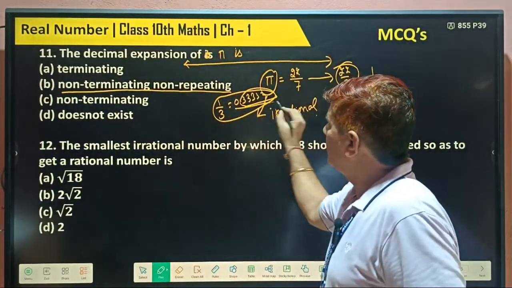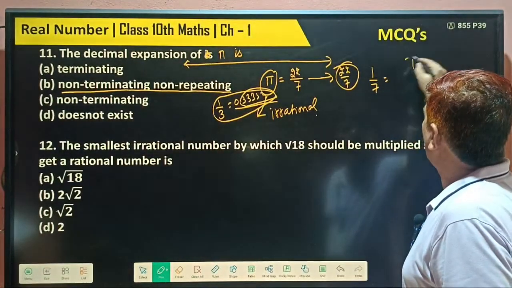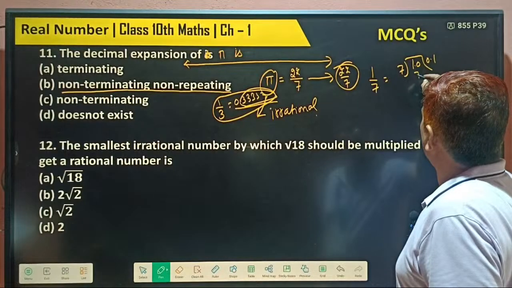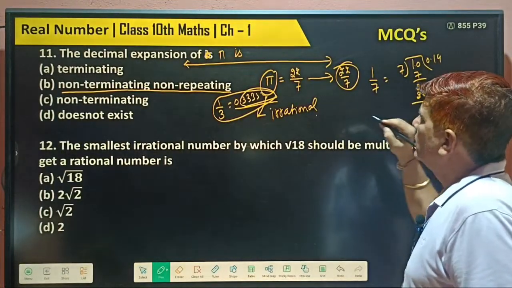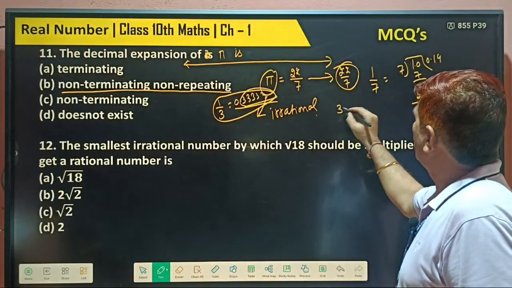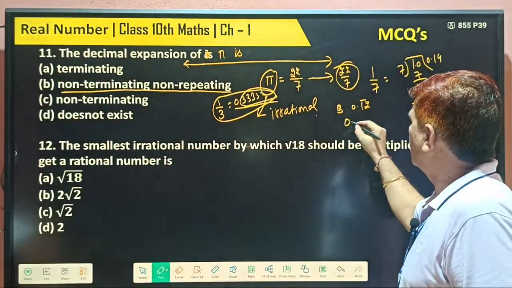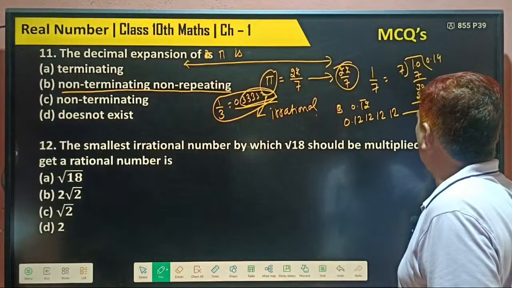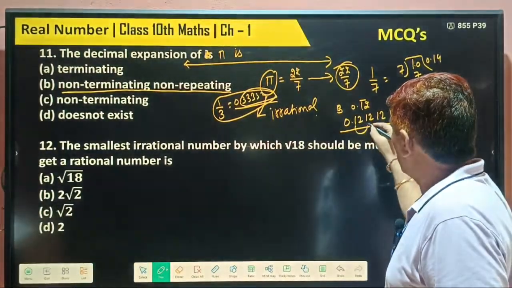I have given an example here. I'm not having time, but I can tell this. If you want, you can divide by 7. 7 times 1 is 7, 3, 7 times 4 is 28. Like this, we have written 0.12 bar, meaning 0.12121212 up to infinity. This is called reoccurring.